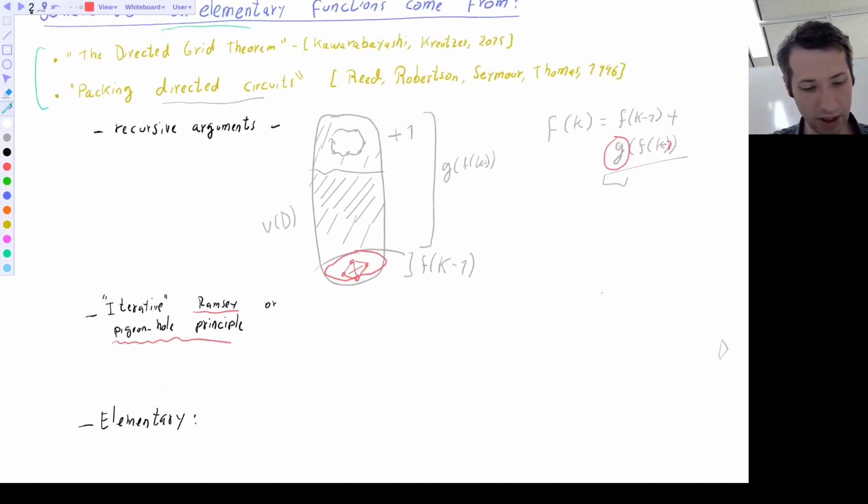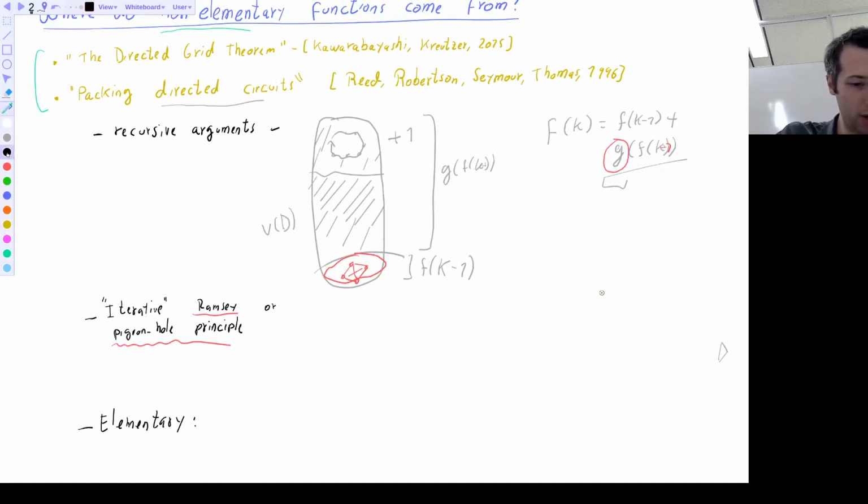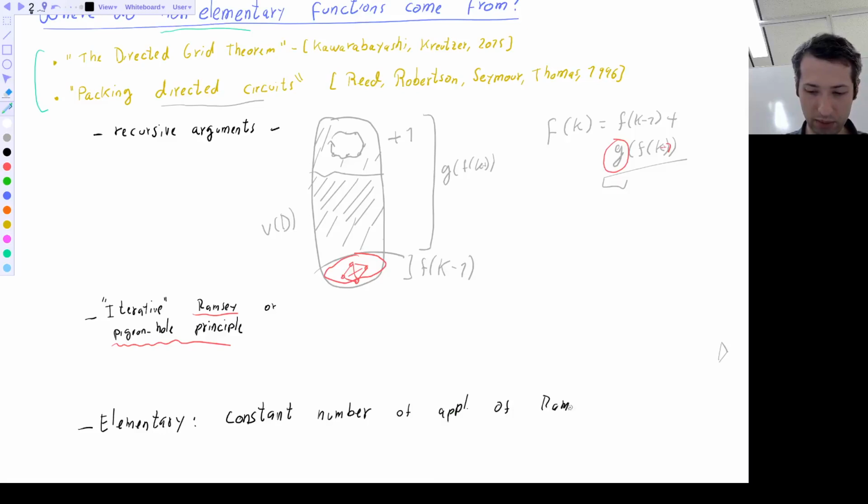Right, and so this means that if you want to get an elementary function in the end, we can only afford a constant number of applications of Ramsey or the pigeonhole principle over some power set.